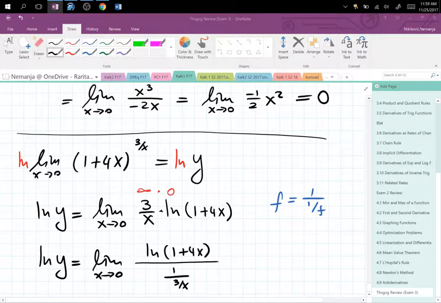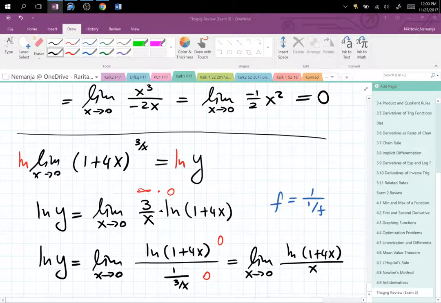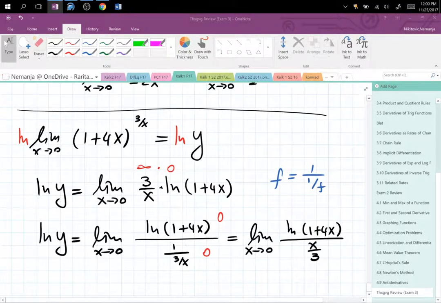So now when you try, 3 over x will give you infinity, but 1 over infinity gives you 0. So the denominator is 0 and the top is 0. But before we do that, we can still simplify at least the denominator, and you have x over 3 in the denominator. So now it's even easier to see that it's 0 over 0, because you have 0 divided by 3, which is 0.